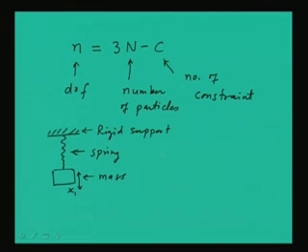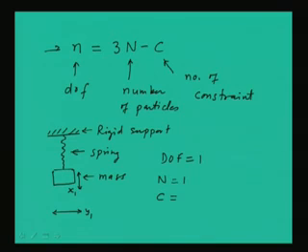In this particular case, we can directly say the degree of freedom is 1. How can we arrive at this? Let us use this formula, in which N is 1, that is the number of particles, as a single mass is there. Then we have the constraints. How many constraints are there? We are not allowing the motion of this mass in the horizontal direction, let us say the y1 direction.